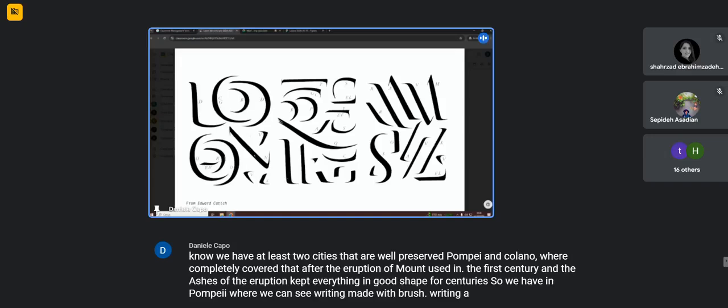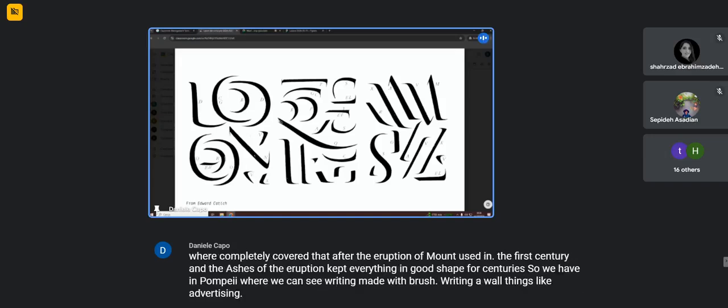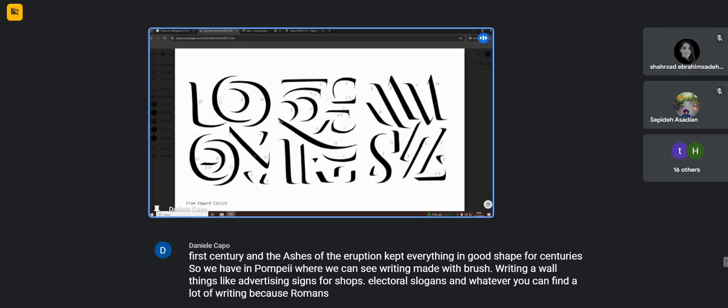Writing of all things like advertising, signs for shops, electoral slogans, and whatever. You can find a lot of writing because Romans apparently were obsessed with writing in public.